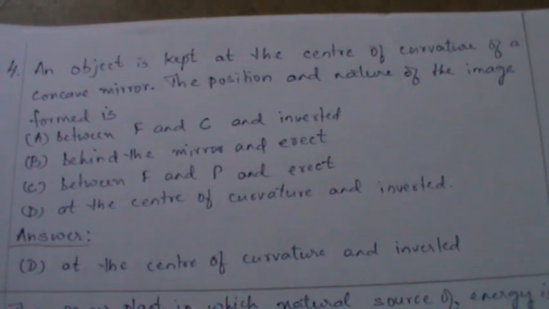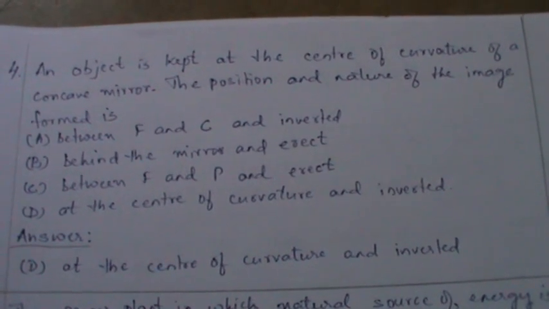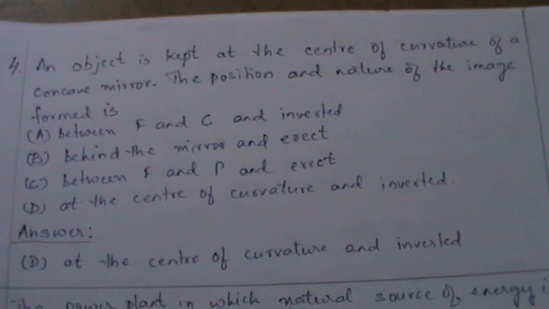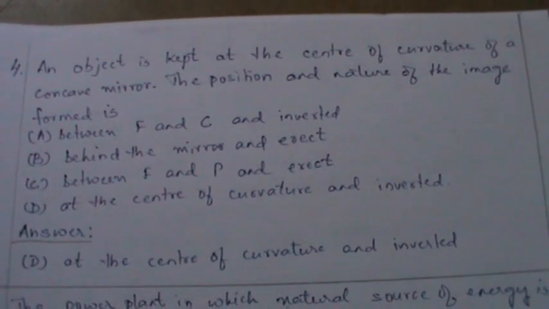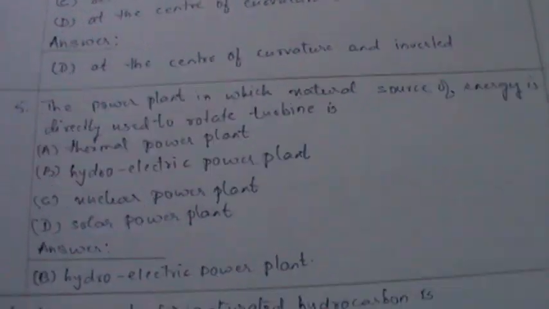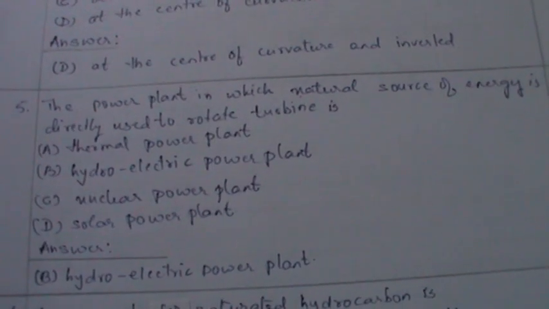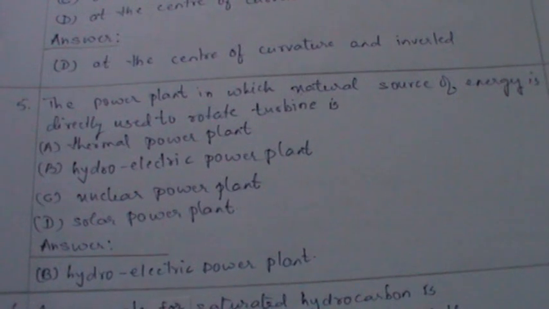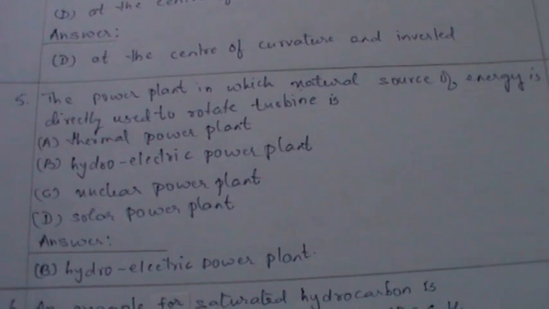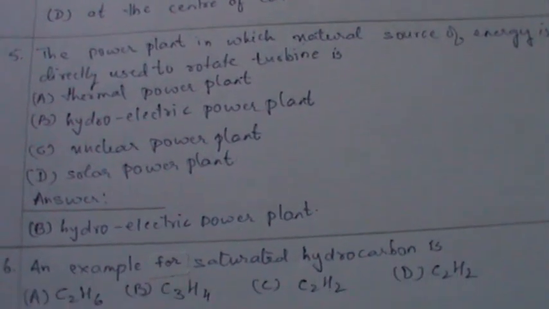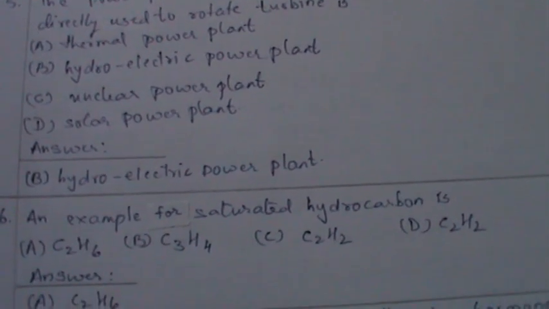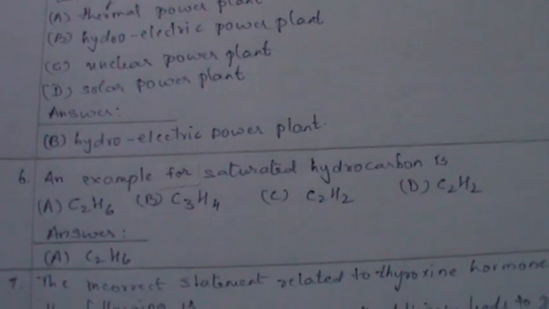The position and nature of the image formed is dash. Answer D. At the center of curvature and inverted. Question number 5. The power plant in which natural source of energy is directly used to rotate turbine is dash. Answer B. Hydroelectric power plant.